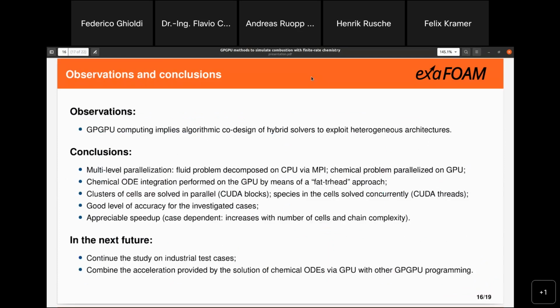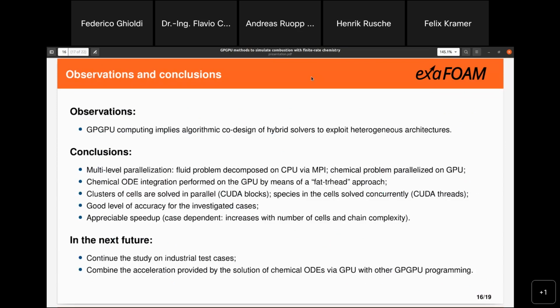So let me draw some conclusions related to this, and then I will move to the extra that I was discussing at the very beginning. One thing that I want to state is that whenever you are dealing with GPGPU computing, you need to produce some algorithmic co-design or redesign of the solvers that you have.